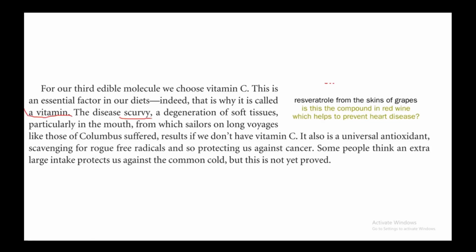The disease scurvy, a degeneration of soft tissues, particularly in the mouth, from which sailors on long voyages like those of Columbus suffered, results if we don't have vitamin C. It also is a universal antioxidant, scavenging for rogue free radicals and so protecting us against cancer. Some people think an extra large intake protects us against the common cold, but this is not yet proved.